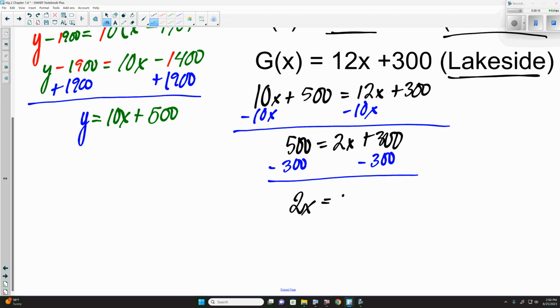Telling us that 2x is equal to 200. And last but not least, we would divide by 2. So x is equal to 100. So they need to have at least 100 students for Maple to be cheaper. Well, 100 students for them to be the same. Anything more than that, then they would be cheaper.